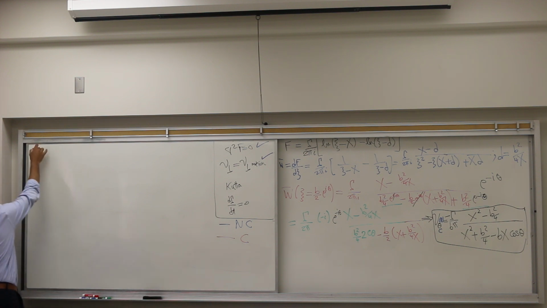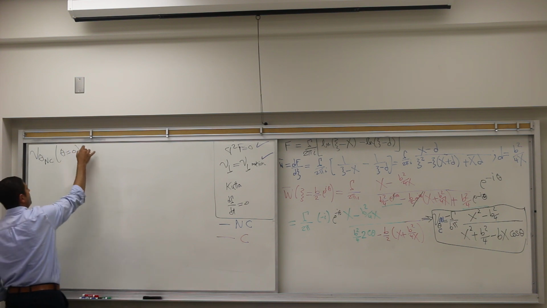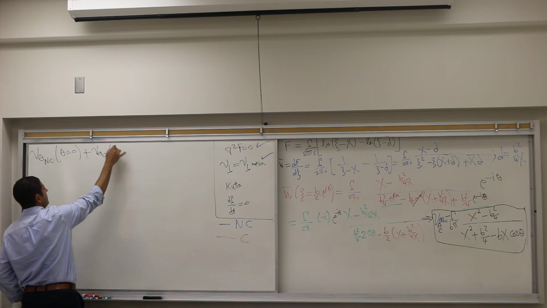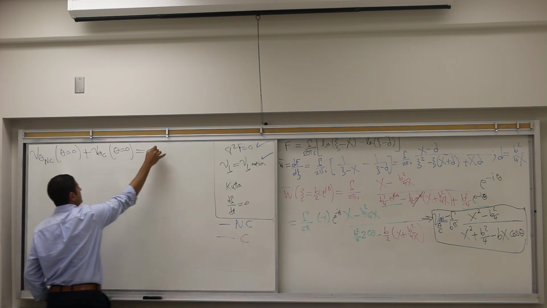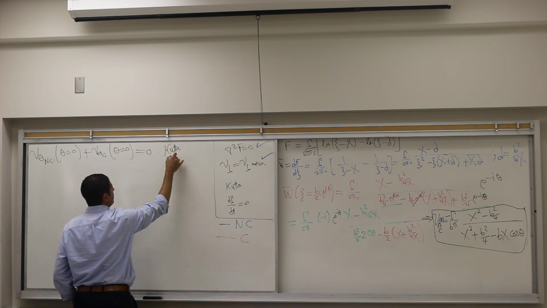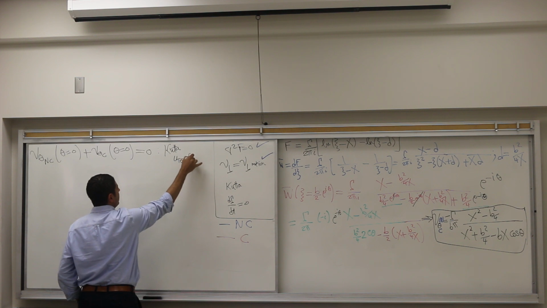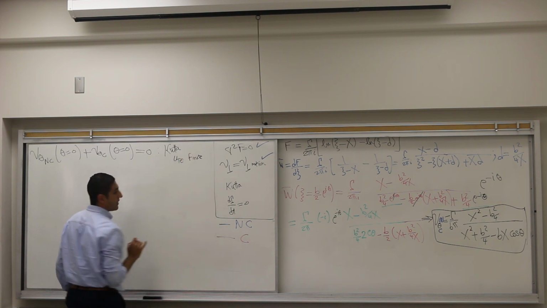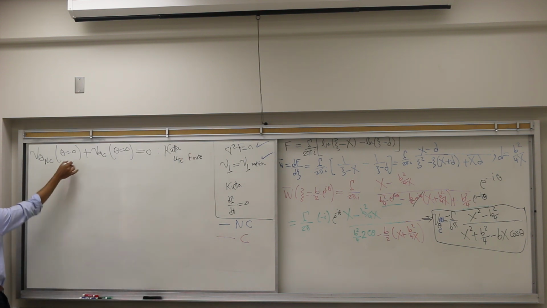So V theta non-circulatory at theta equals 0 plus V theta circulatory at theta equals 0 has to be 0 for the Kutta condition to be satisfied, i.e. for the velocity at the trailing edge to be finite. This one we got last time, it was negative V at the three-quarter chord. The normal speed at the three-quarter chord just happened to be like this.